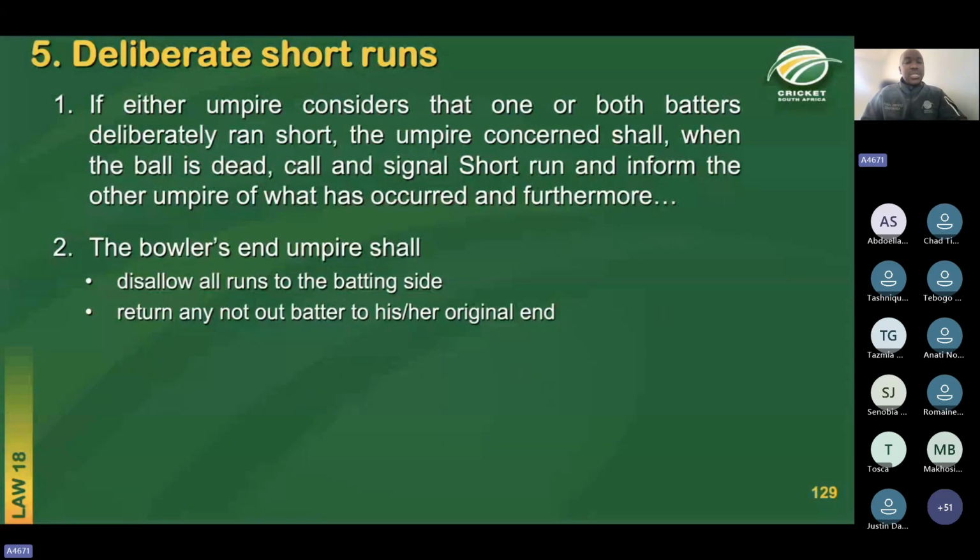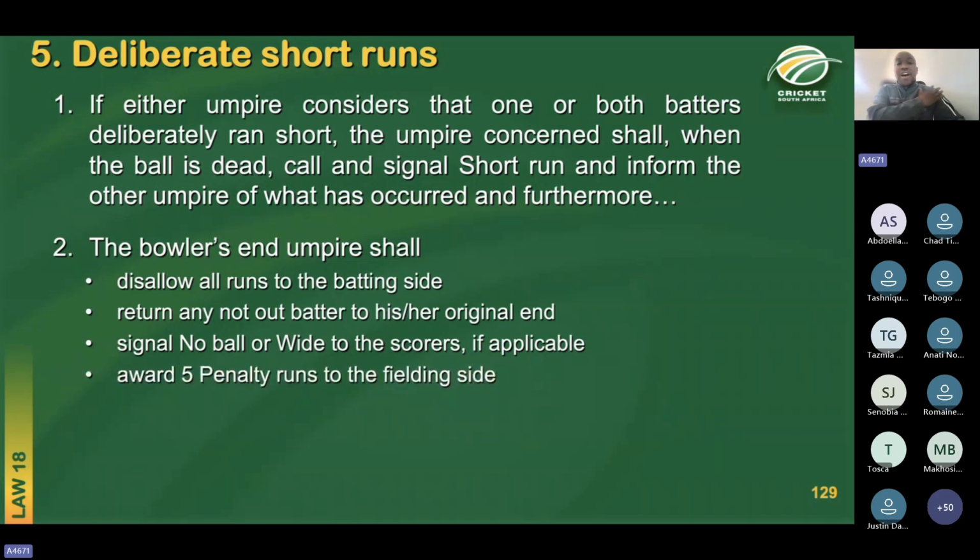Then the bowler's end umpire shall return any not out batter to his or her original end. Signal no ball or wide to the scorers if a no ball or a wide was delivered, which wasn't the case in the example we've just seen.